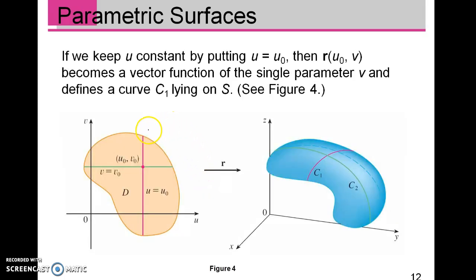Alright, so if we keep u constant, so we put u as u naught here, then r of u naught, v becomes a vector function of the single parameter v and defines a curve C1 that lies on S. So you can get this curve C1 by keeping the u constant.